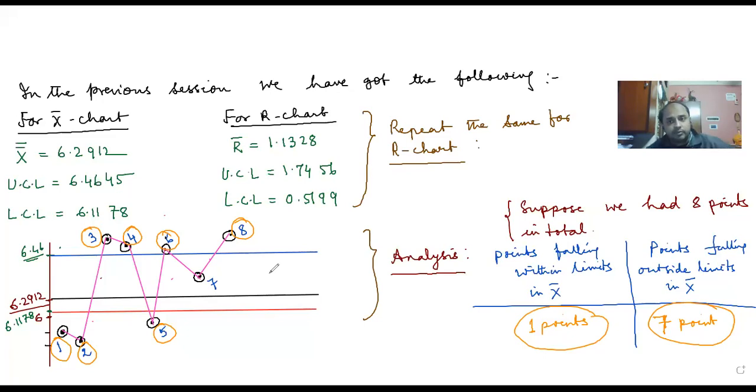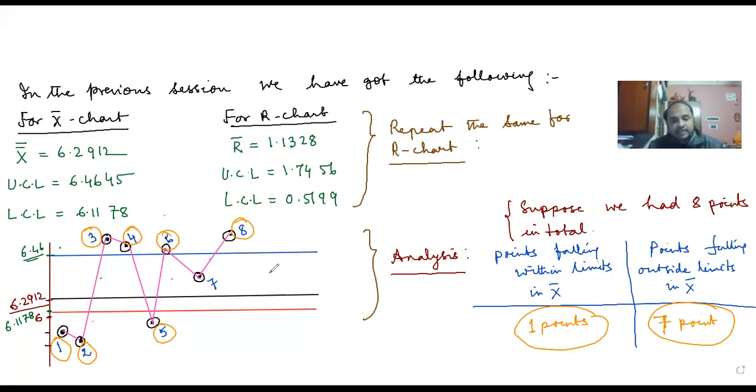So in the question which I have given you, you are seeing that another part, part B, is there. In part B, it is mentioned that if necessary, revise the control limits computed in part A, assuming that any samples that plot outside the control limits can be eliminated.